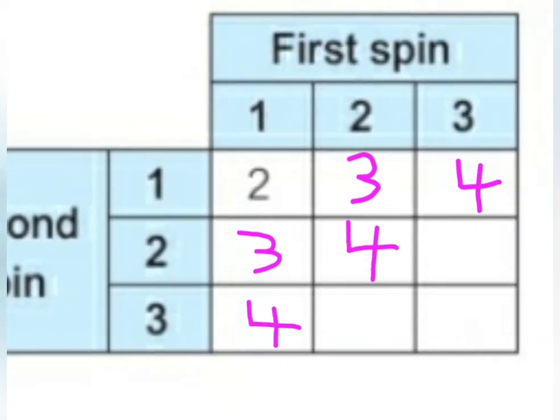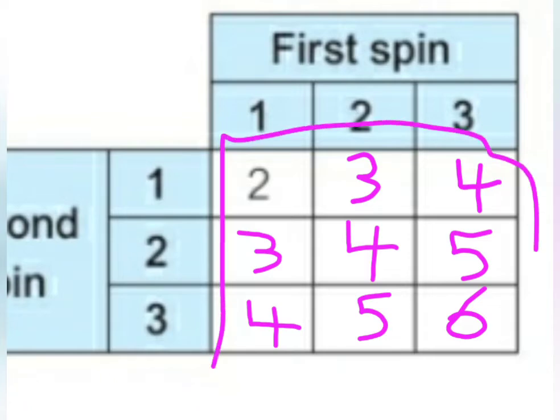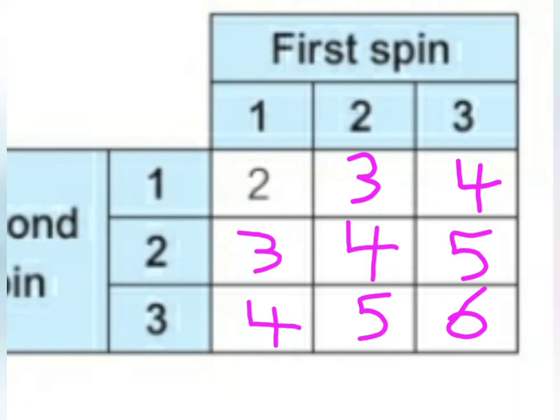And then we have 3 and 2, it's going to be 5. Good job. And then 3 and 2, it's going to be 5. And the last one is 3 and 3, it's going to be 6. Now, these are the outcomes of spinning a spinner 2 times. How many outcomes do you see here? Very good, there are 9.